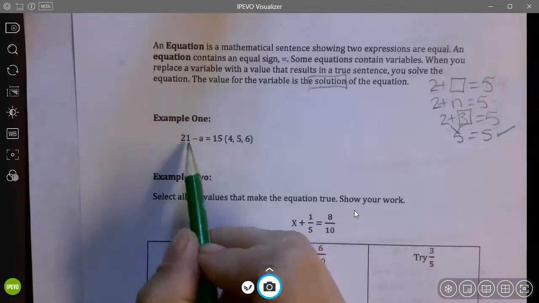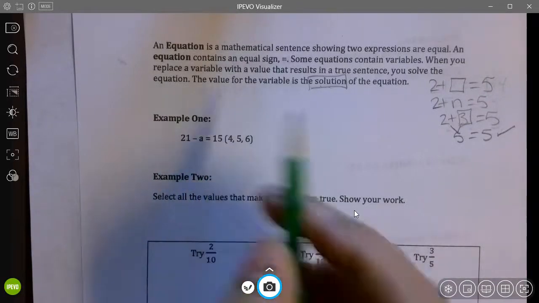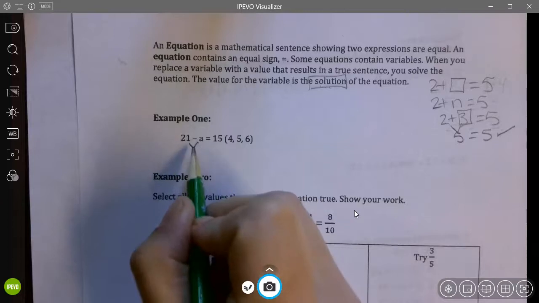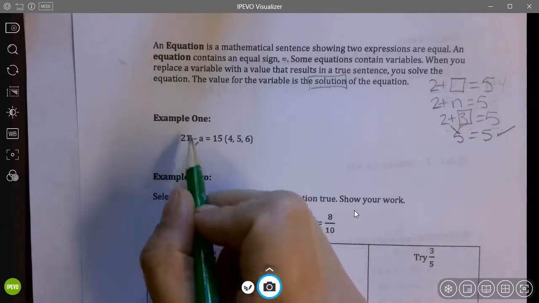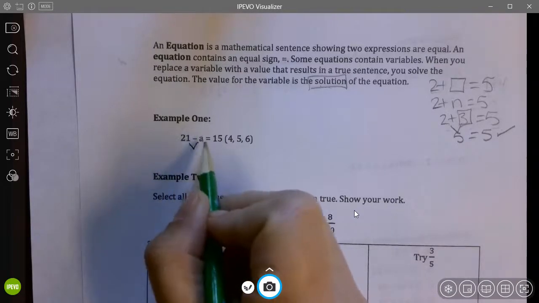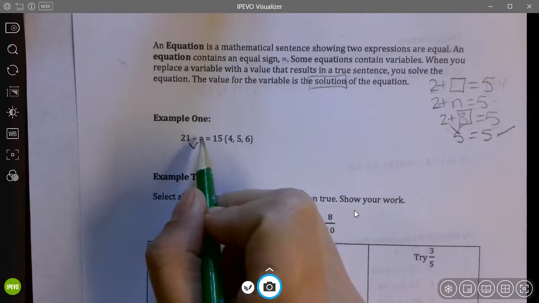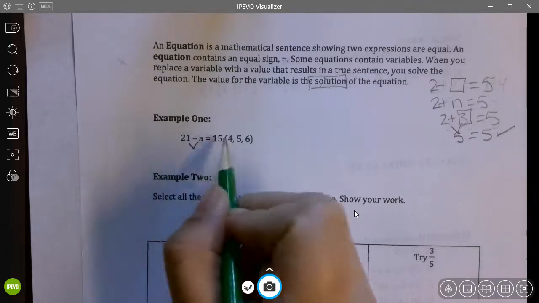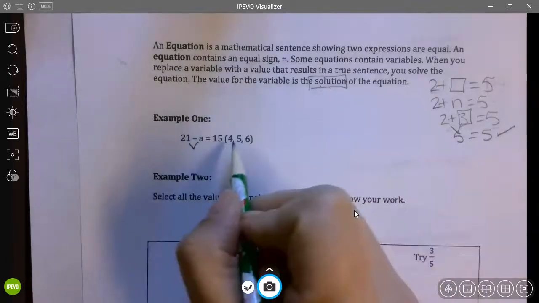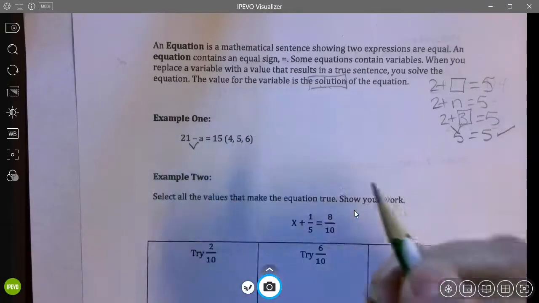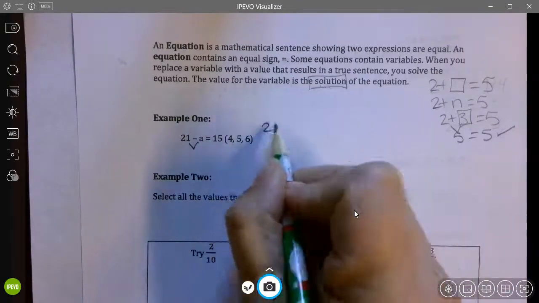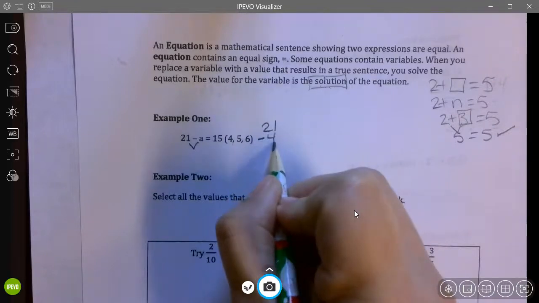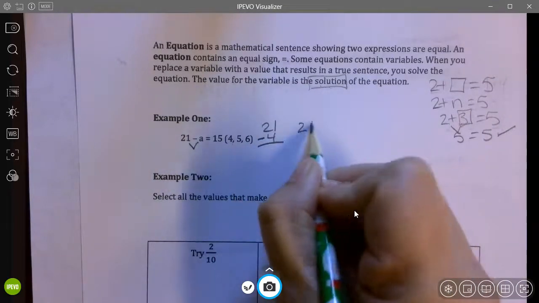Example 1, you have 21 minus a equals 15. Well, you have to try to figure out what number you can put in for a to make this sentence true. So when you are given values, I would just write all of them in.